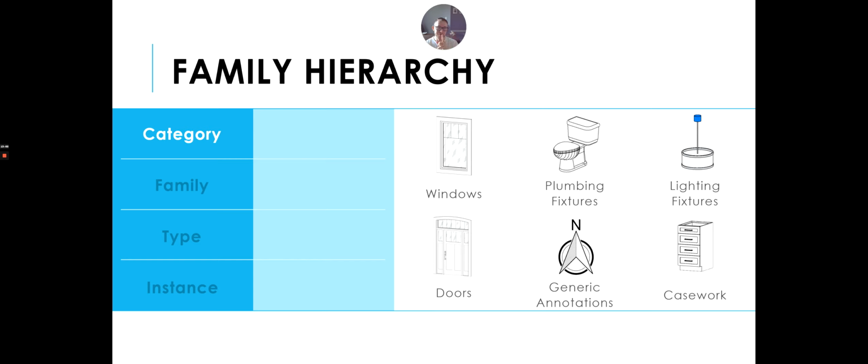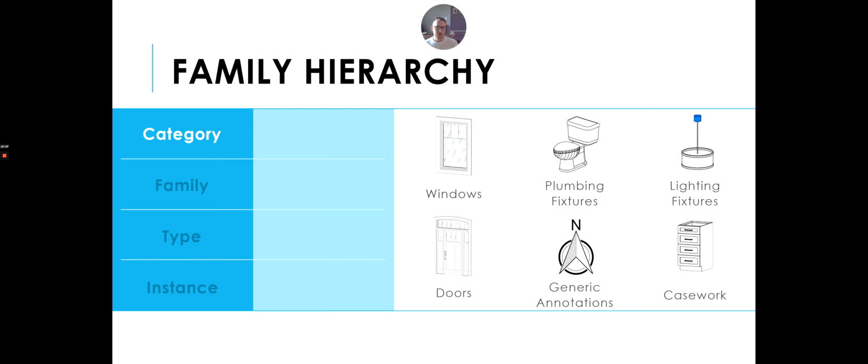A reference plane is a family and its category is reference plane, right? We can shut off the floors because their category is floors. So when you're in the visibility graphics panel, you're turning on and off all of the families of that same category. And so it's important to know that there's categories.